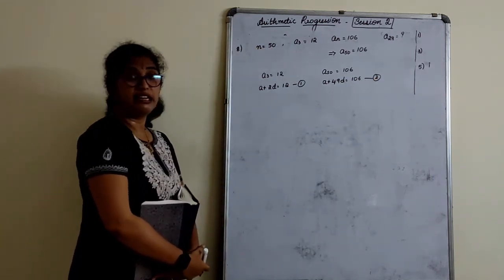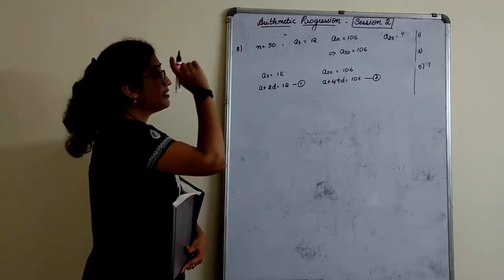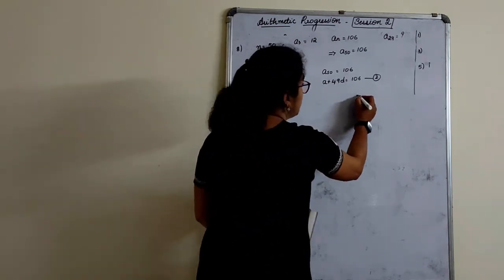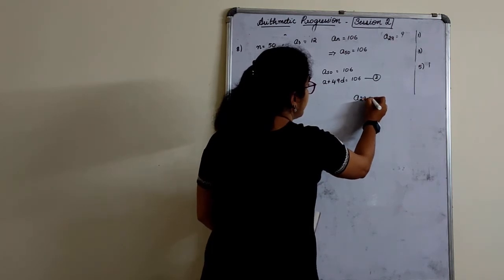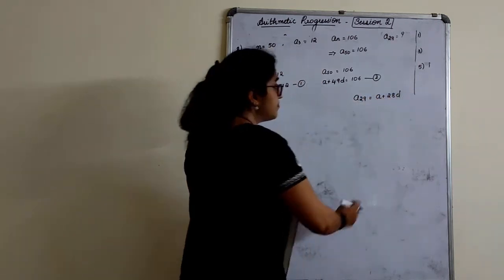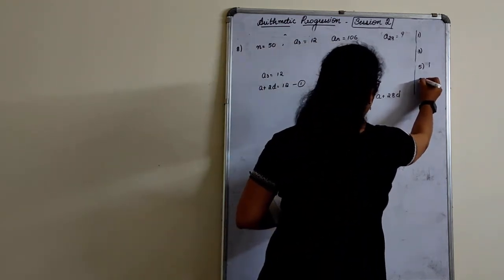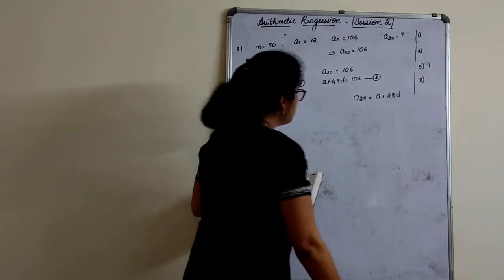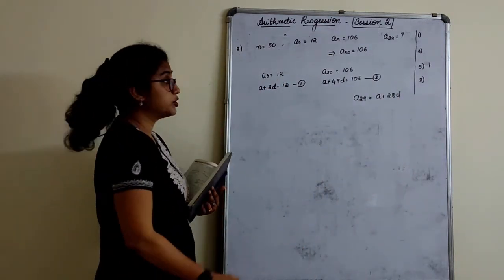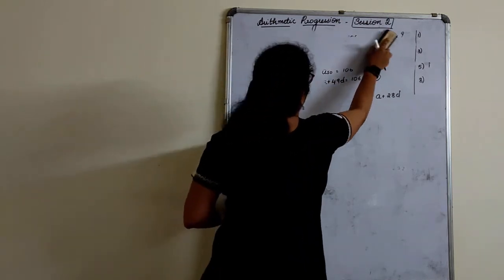Further, solve the linear equations in two variables. Find A and D. Once you find A and D, find the 29th term. How do you find the 29th term? A29 is equal to A plus 28D. Okay. So the 8th one I am giving you for homework, because it is simple, we need to just substitute the values and find. We'll go with the next one.